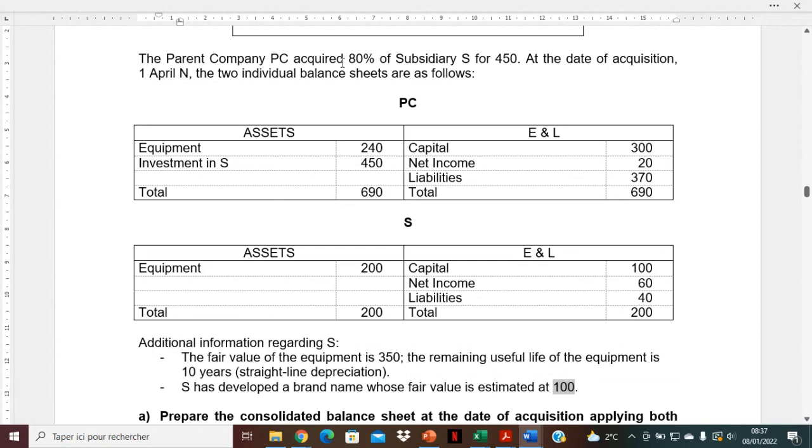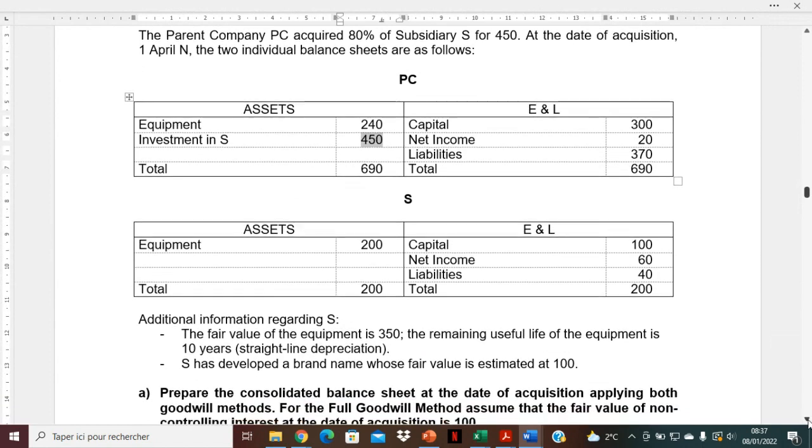But now what has changed is that here we assume that we acquired only 80% of the subsidiary, and we still paid 450 for that. And here in the balance sheet of the parent company, we see the investment at 450.